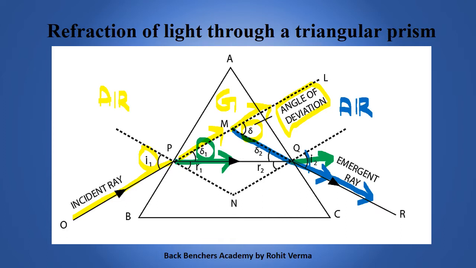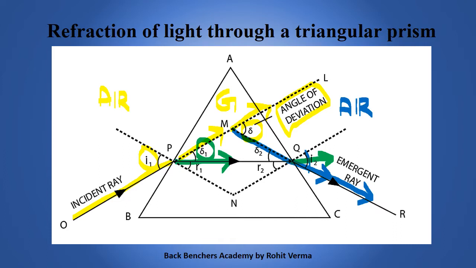This being the incident ray, which is traveling inclinedly towards the surface AB of this prism ABC, it creates the angle I1, which we measure with reference to the normal N. Now since we are moving from air, as outside is air, into glass, since a prism is actually made up of glass, we are moving from air to the glass.